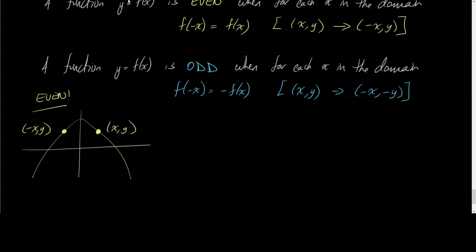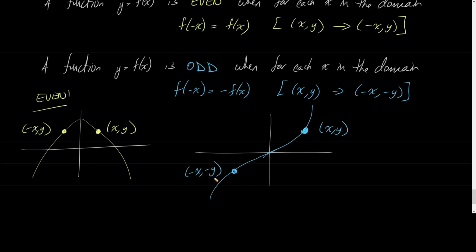So that's for an even function. Now let's look at an example of an odd function. Something like this. And in here, let's say we have this value right here being x comma y, and whenever that appears, this other value over here, negative x comma negative y, also appears. And this again is an odd function.